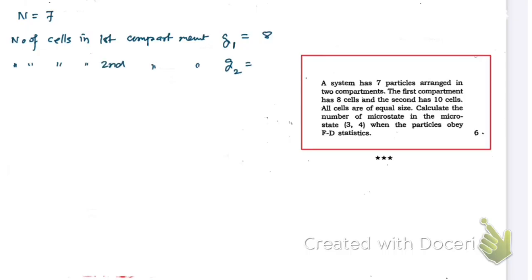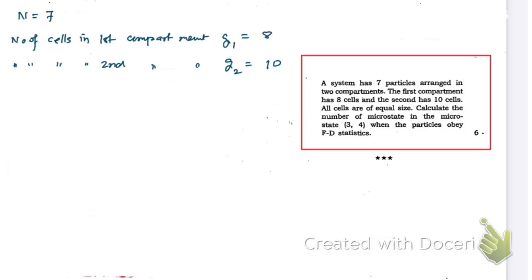The number of cells in the first compartment, that is G1, is equal to 8, and the number of cells in the second compartment, that is G2, is 10. It is mentioned here in the question, you can see clearly 10, right?